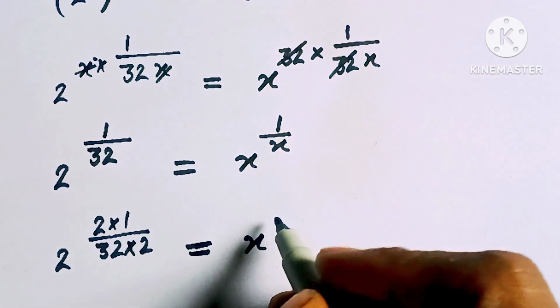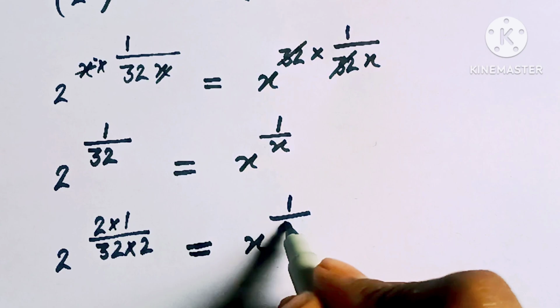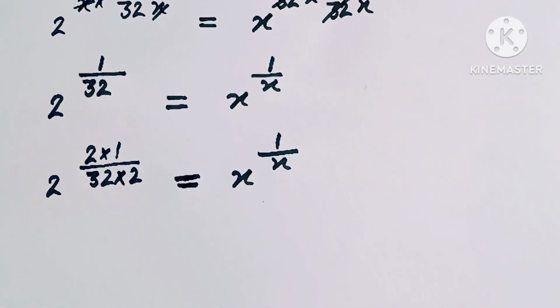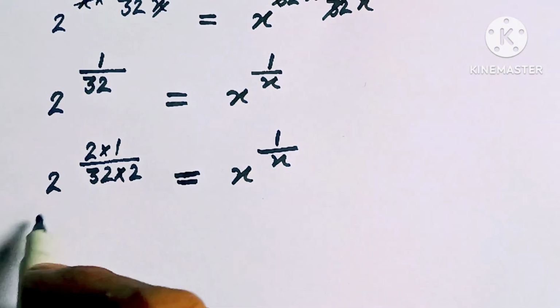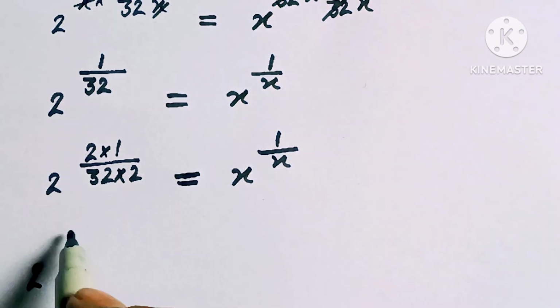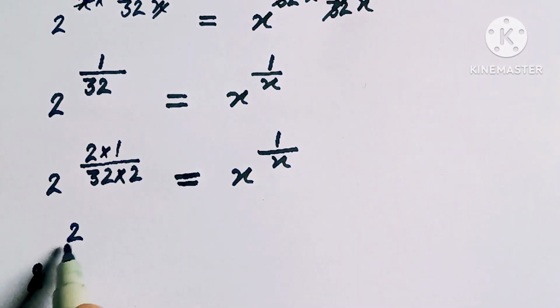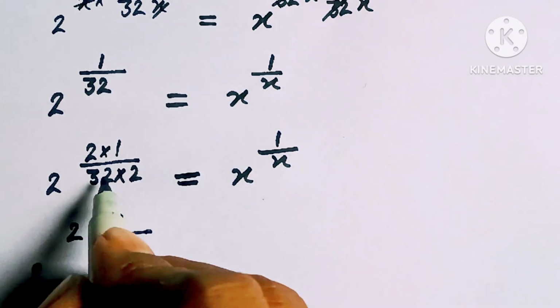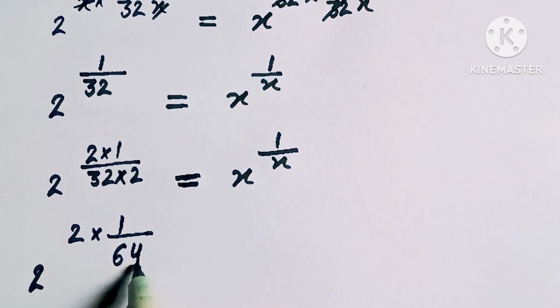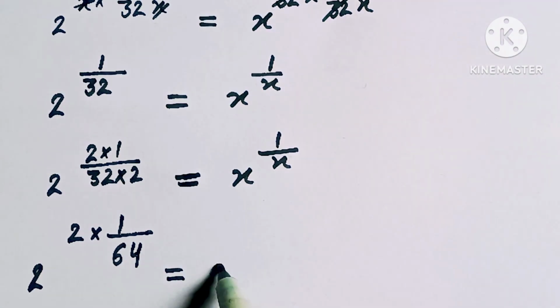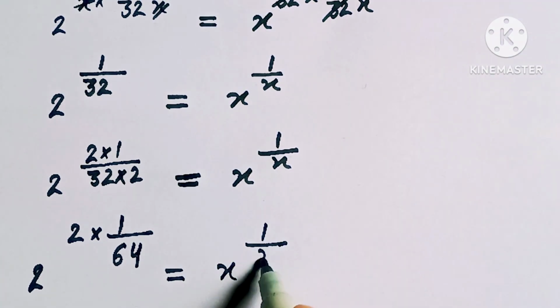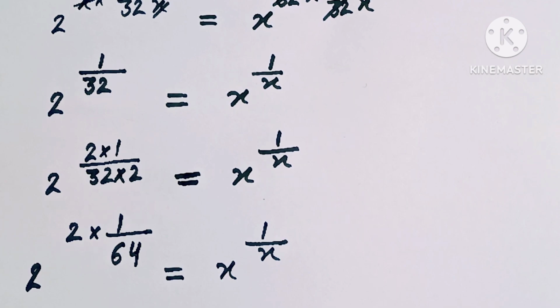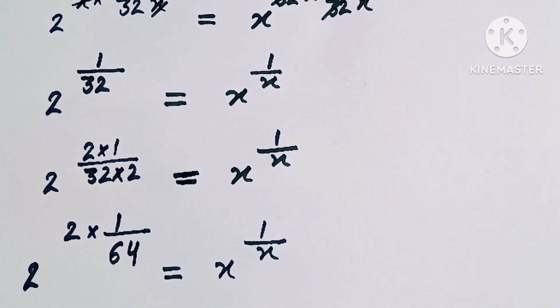So I have x to the power 1 by x, and here I can write 2 to the power 2 multiplied by 1 divided by 64, and here the same, x to the power 1 by x, and you will see that these values are going to simplify.